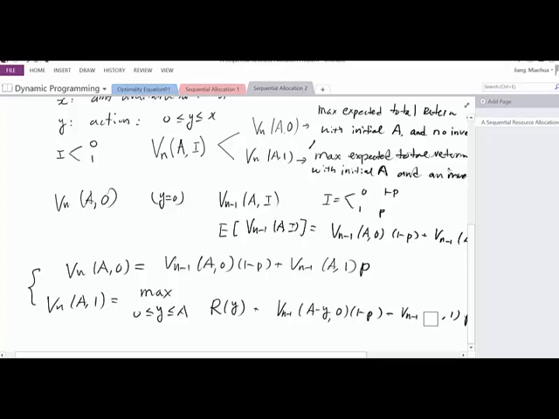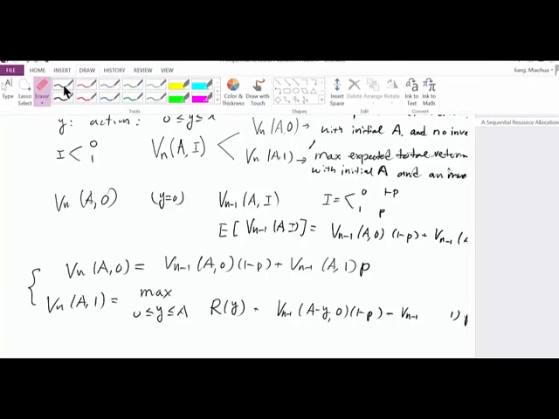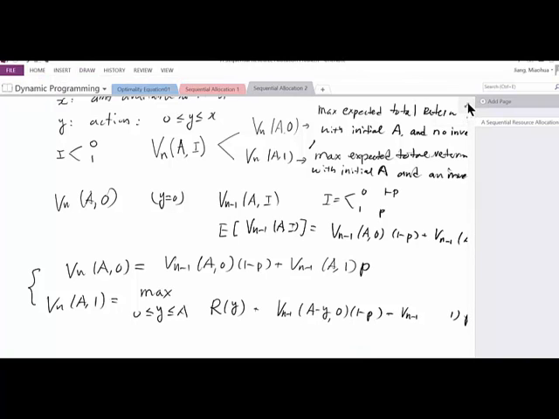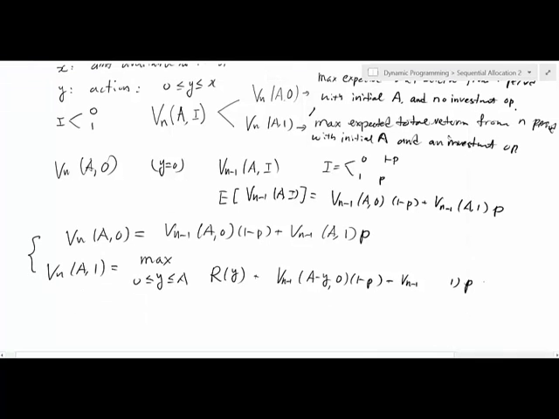So if we do have the investment opportunity, then for the next period we have A minus y left, and the investment opportunity variable is 1.